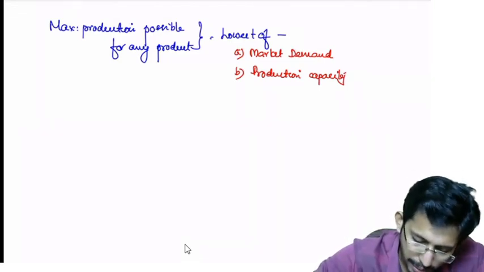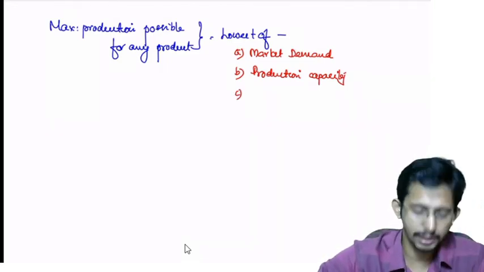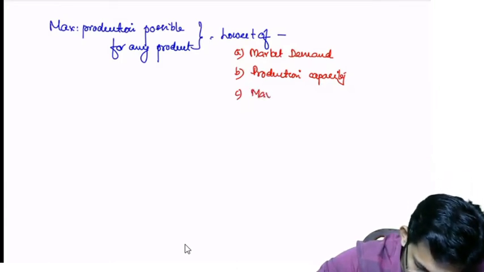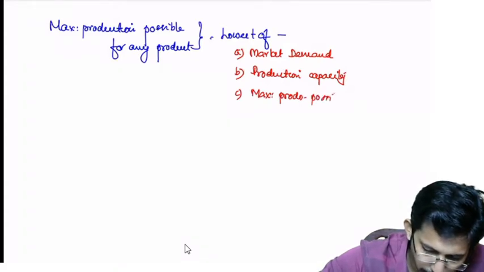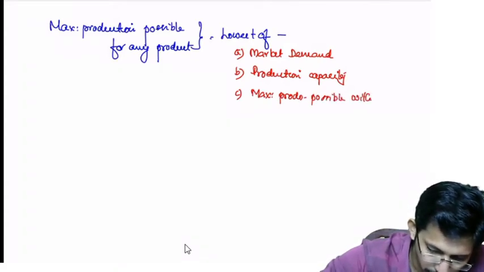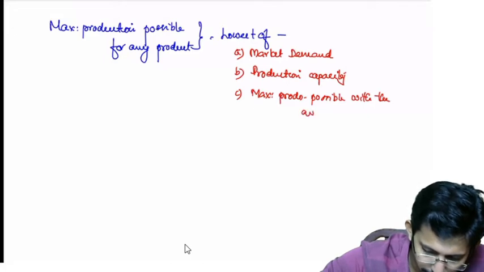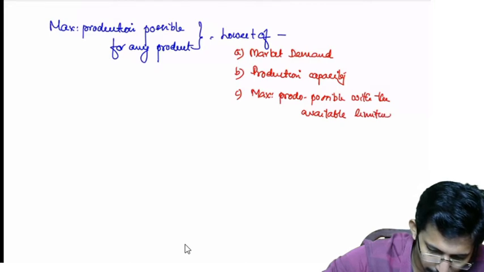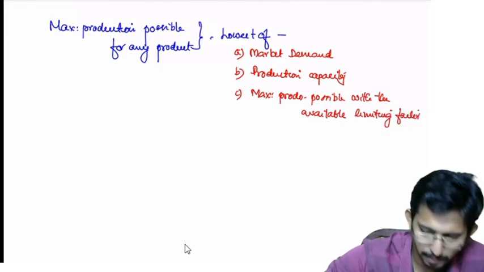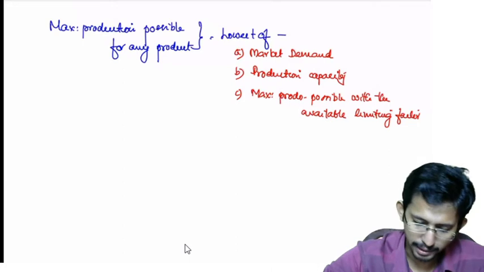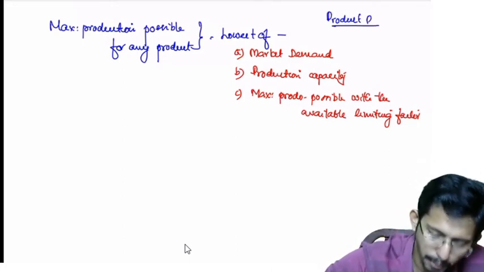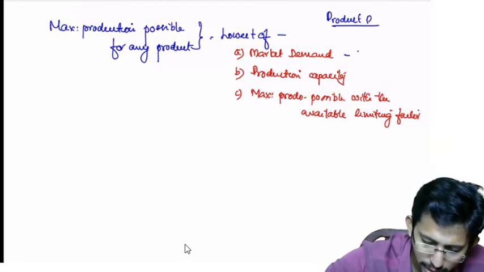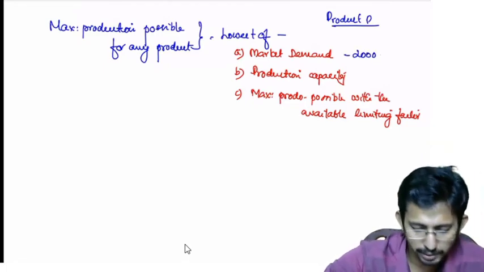Now, there could be one more factor. What is that? Maximum production possible with the available limiting factor. What does it mean? If there is a product P, and for this product P the demand is, let us say, 2000 units per month.